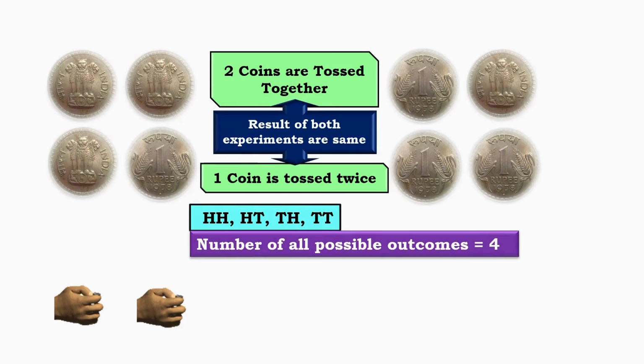Like in the first time, the coin can get head, and the second time it can get head also. So in this way we can get the four combinations that we have explained earlier also, like head head, head tail, tail head, and tail tail. So in both the cases, whenever we are tossing two coins together or one coin is tossed two times, we are getting the same outcomes.